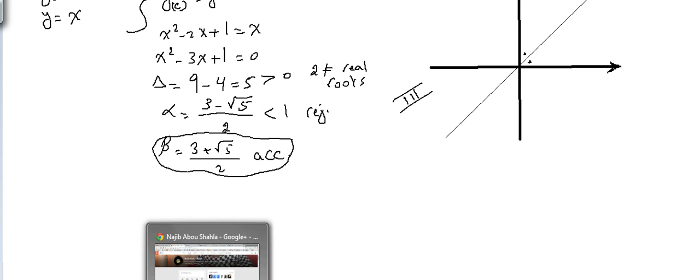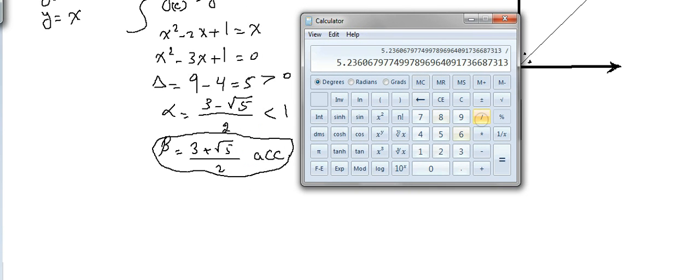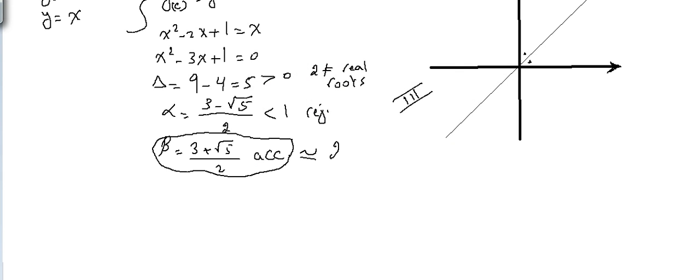Let's see how much that is: radical 5 plus 3, all divided by 2. It's approximately 2.61.